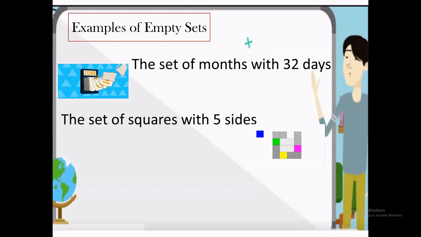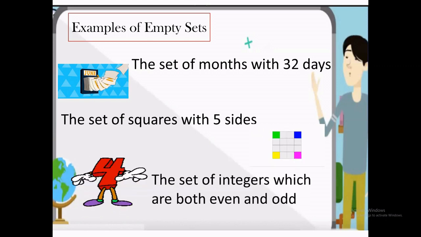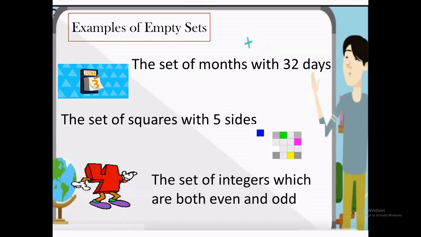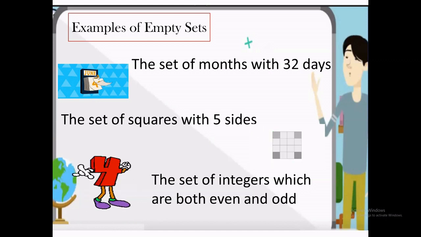Squares only have 4 sides, so this is an empty set. The set of integers which are both even and odd. We don't have an integer that is even and at the same time odd. This is also an example of an empty set.